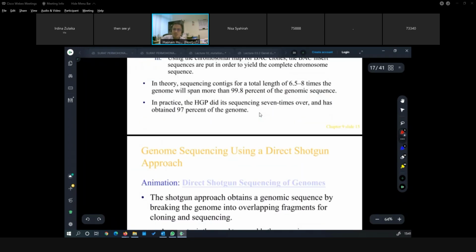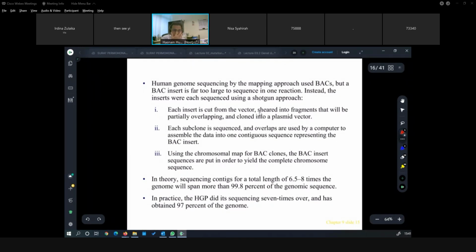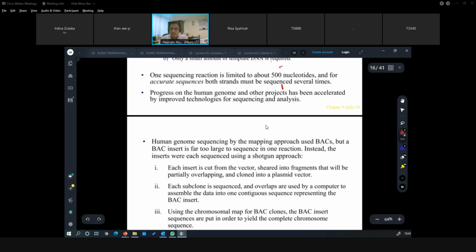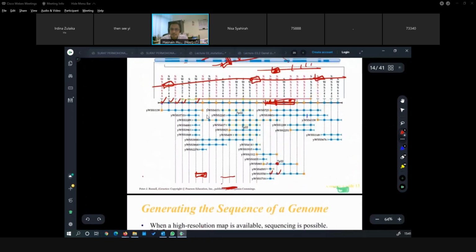If you have time to read, even on Wikipedia, about the history of human genome sequencing, what happened is that after scientists decided to study human genome sequencing, they sequenced using the bacterial artificial chromosome, the BAC, or sometimes the bigger one, the YAC.